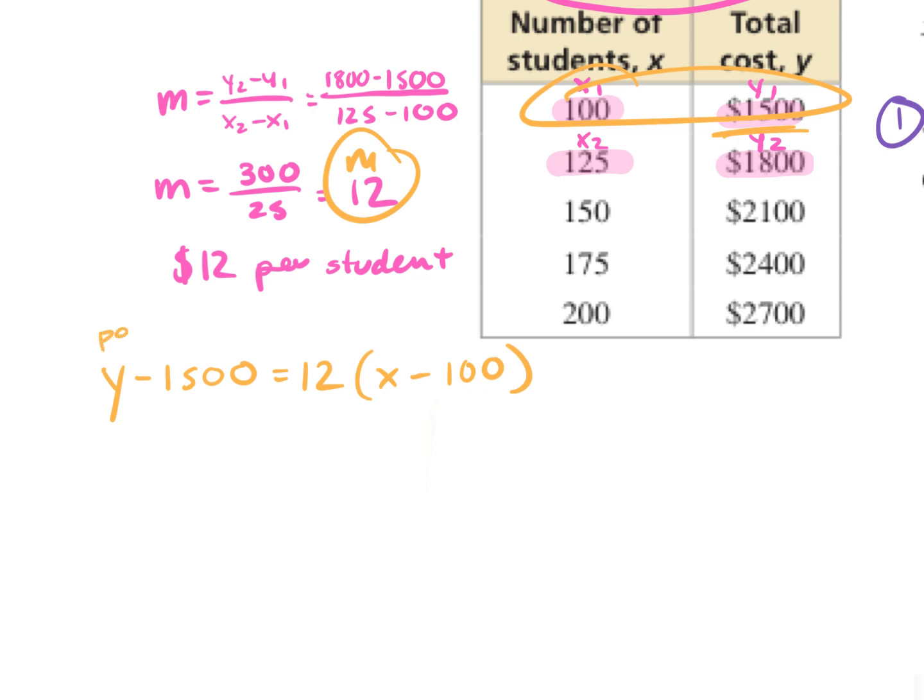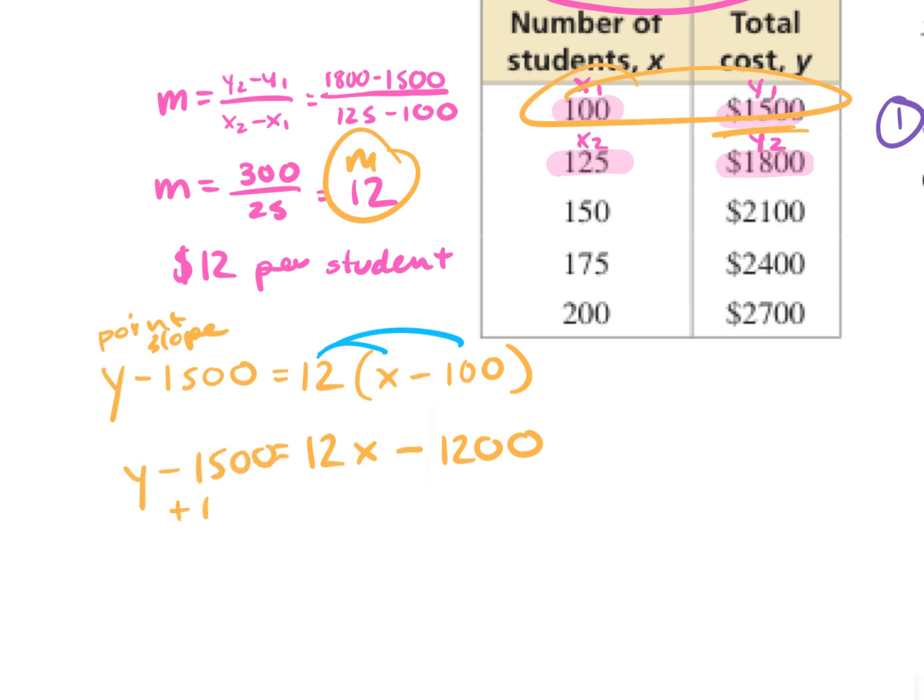So here we have point slope form. I want to put this into slope-intercept form to make it the same as the other equation. So what would I need to do to change this to be slope-intercept form? Perfect. Awesome. We're going to distribute the 12 first to the x and the 100. So it'd be 12x minus 1200.